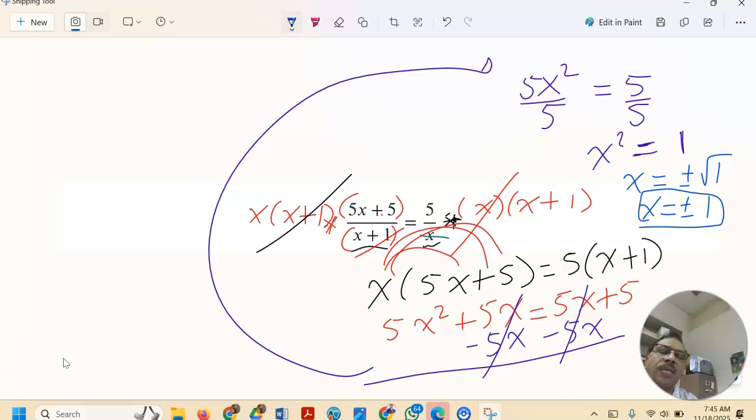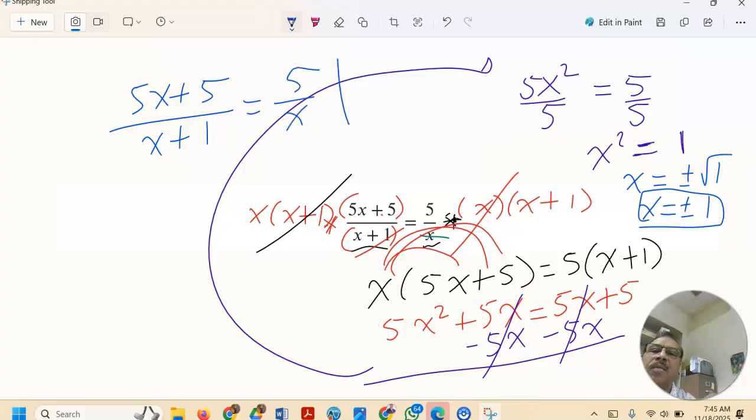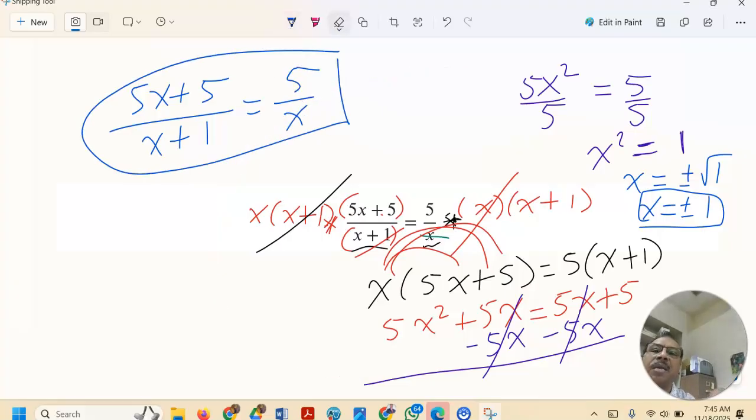We have two answers, and the equation is 5x plus 5 divided by x plus 1 equals 5 over x. So this was the original equation. These are the two solutions, and we want to know which one is wrong and which one is correct.